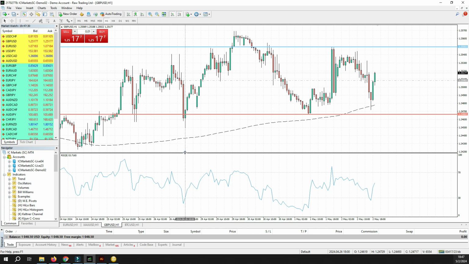In this scenario, buy. So we should enter here, or let's say even here. Even here, we would be in profit. So this was the second example.